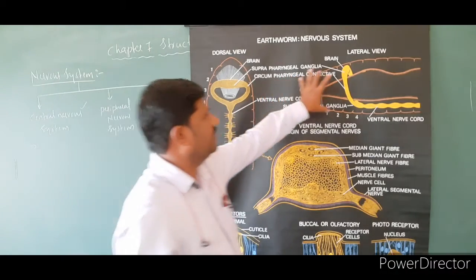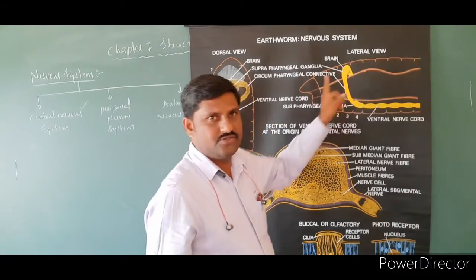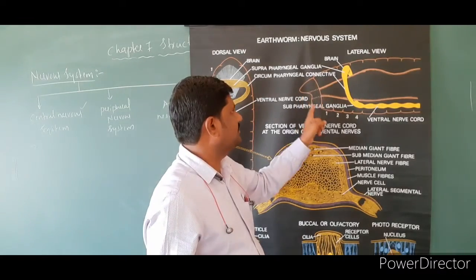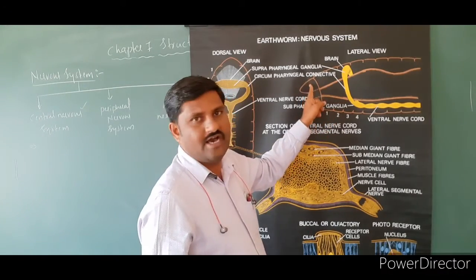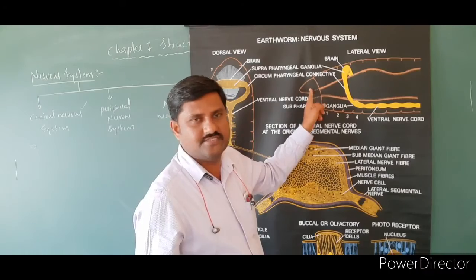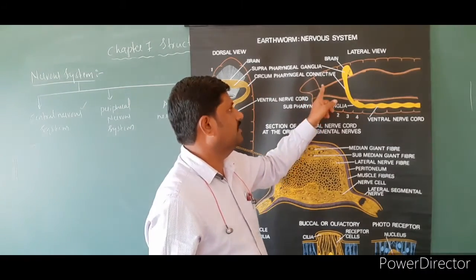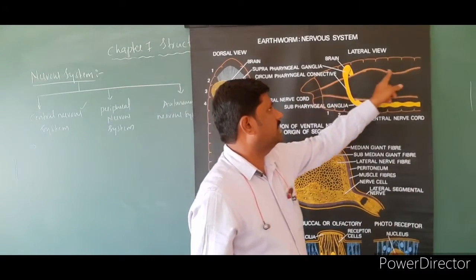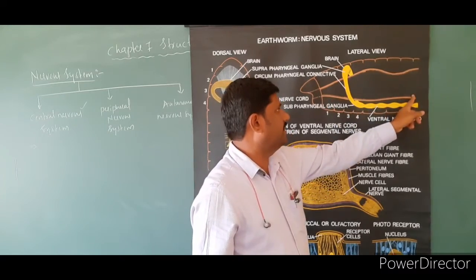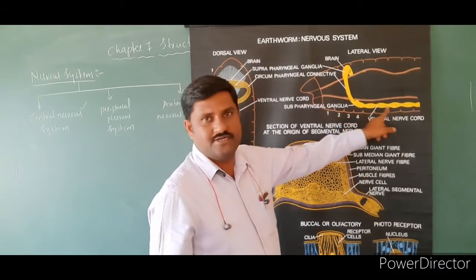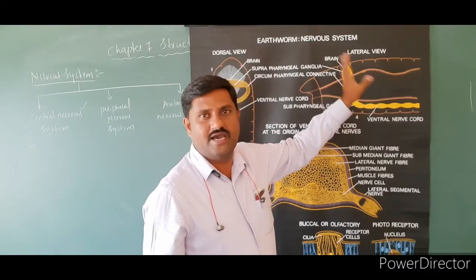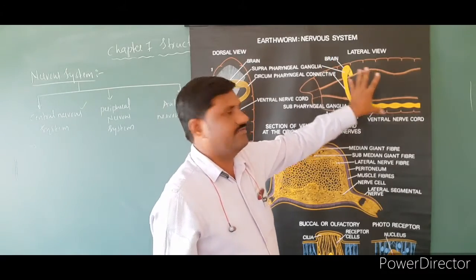So this is the body of the earthworm. You are observing here the first segment, which has a fleshy lobe called peristomium. This is the mouth, and this continues as the digestive system over here. And this yellow colored structure itself is nothing but the nervous system.